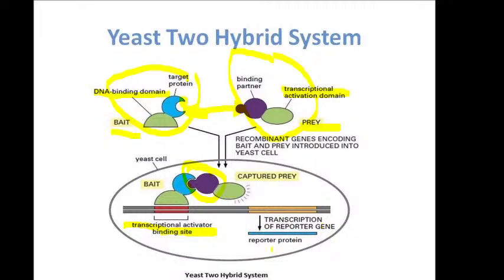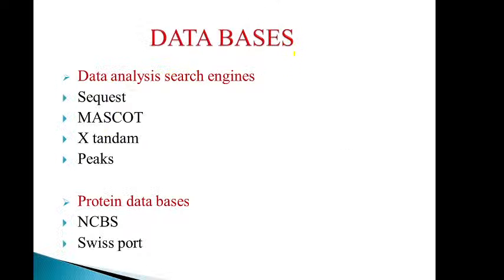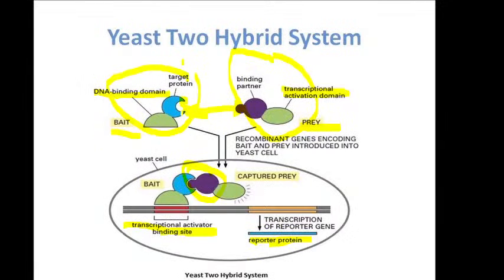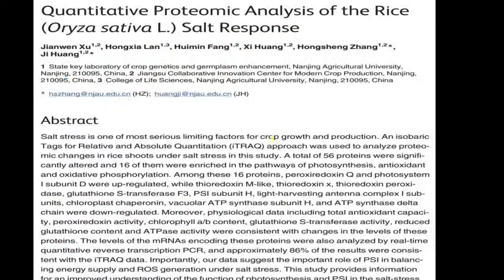There is transcription of the reporter gene, and we are able to get the reporter protein. By the interaction of these proteins, we get the reporter protein, which is produced by the activation of the reporter gene. So these are all the simple things in protein-protein interaction, or how we are doing proteomics.